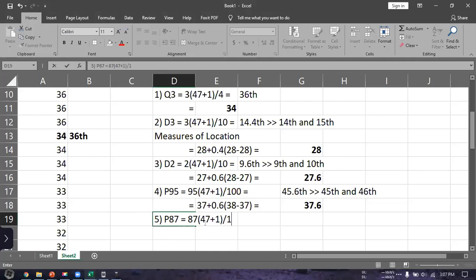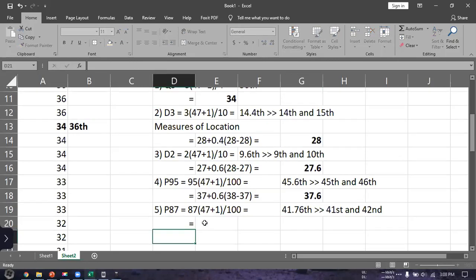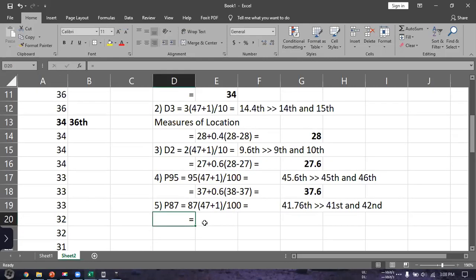What is the location? 41.76. So the 41st and the 42nd. Wait lang.